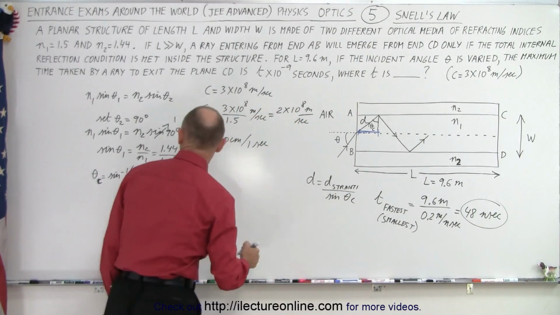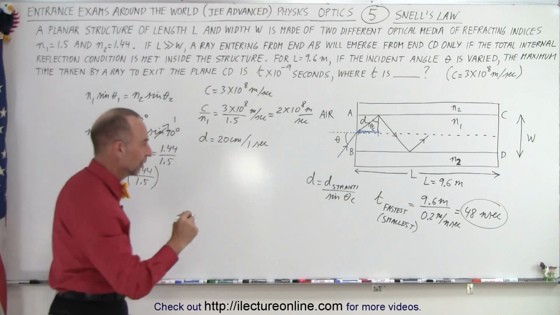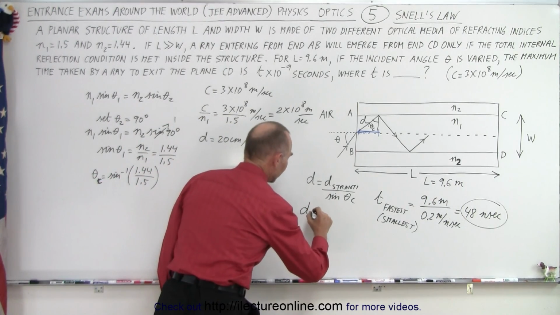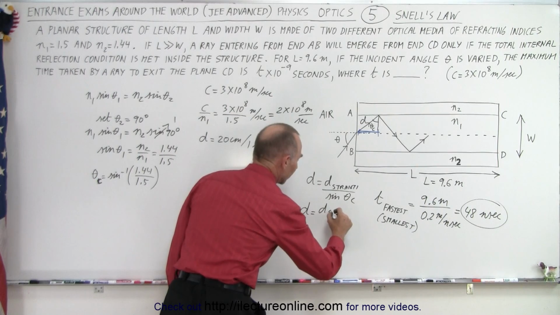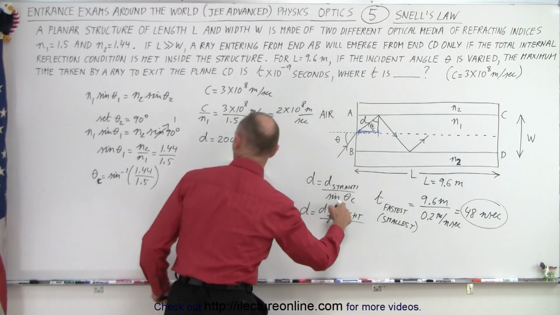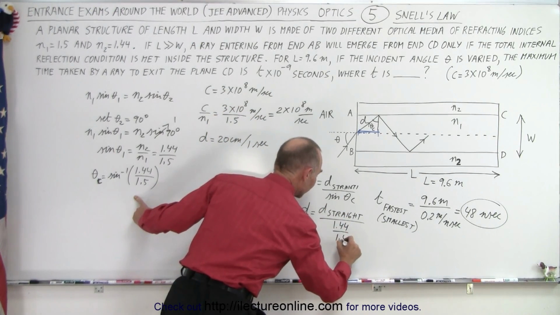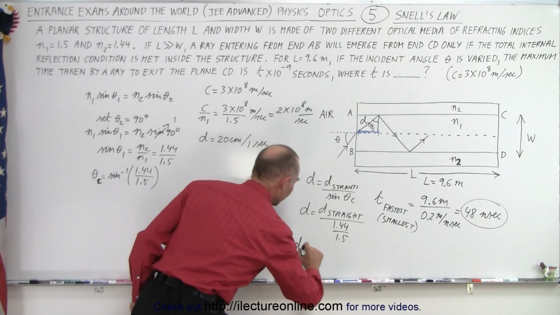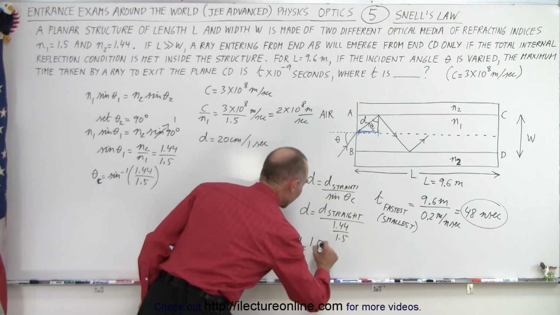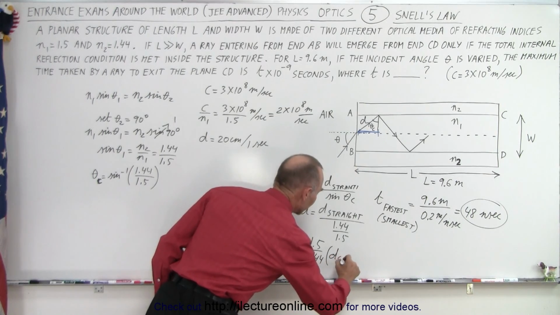Now, the sine of the critical angle is equal to 1.44 divided by 1.5. So the distance that you travel is equal to the distance along the straight line divided by the sine of the critical angle. Essentially, the distance is equal to 1.5 over 1.44 times the straight distance.